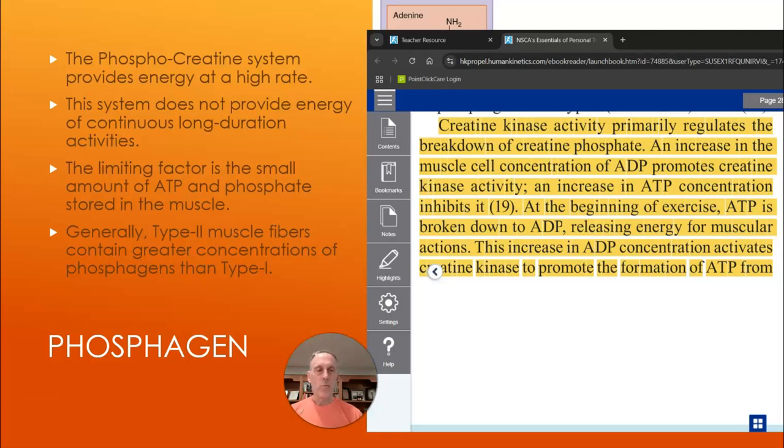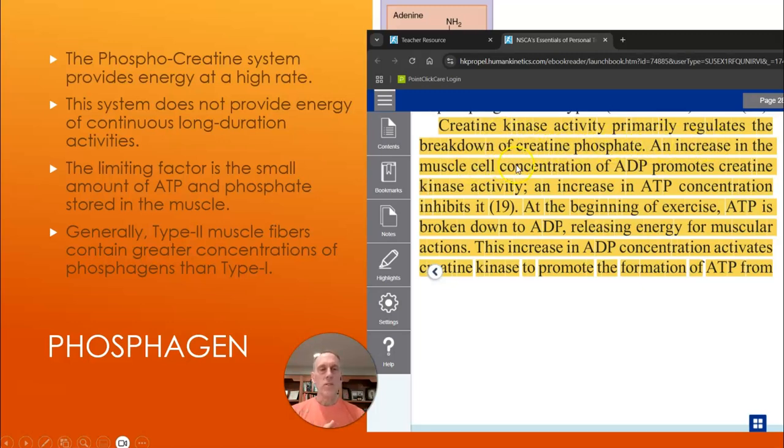And as we read through this paragraph a little bit further, an increase in ATP concentration inhibits it. So just think of what's going on. If there's plenty of ATP in the muscle to perform a contraction, you don't need an increase of phosphate. So when you look at creatine kinase, its activity primarily regulates the breakdown of creatine phosphate. Got it.